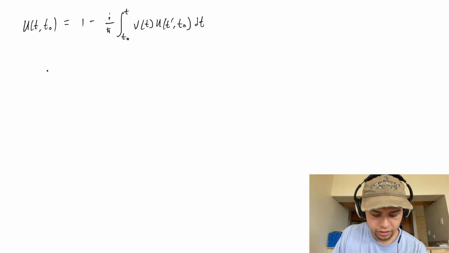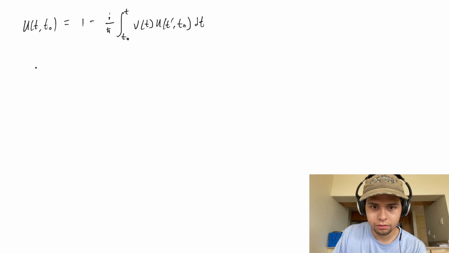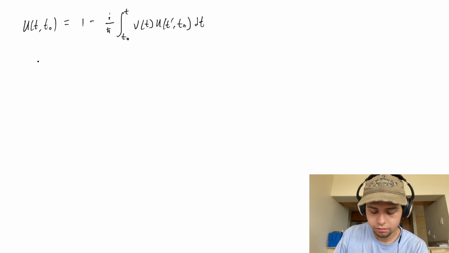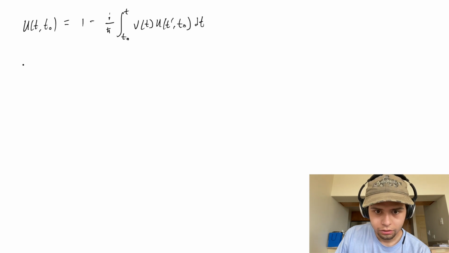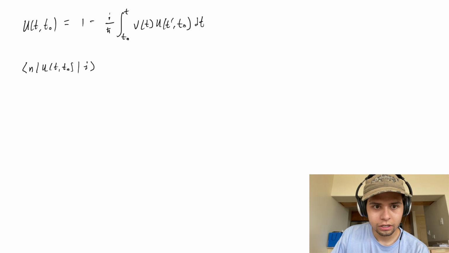So we can think of this in terms of matrices. Oh, sorry about that. I think my computer is telling me to stop, but I'll stop in a bit. So we have u of t naught, i, and actually I will make this an f. So final state.